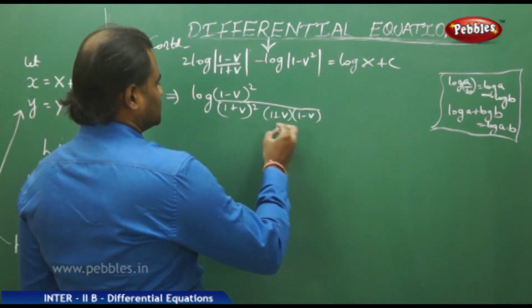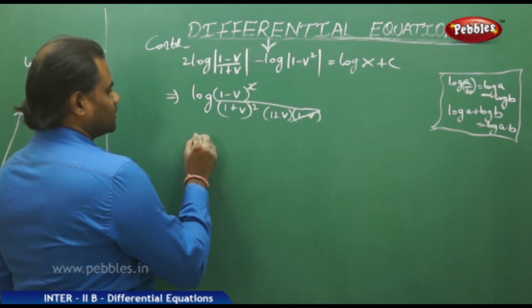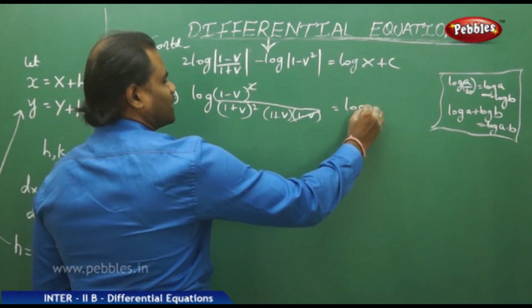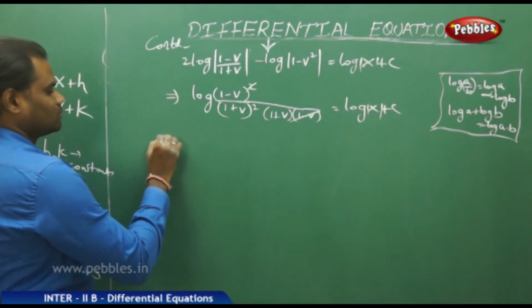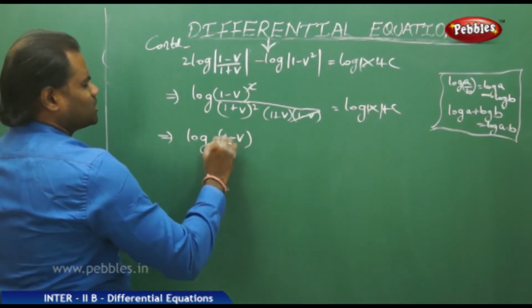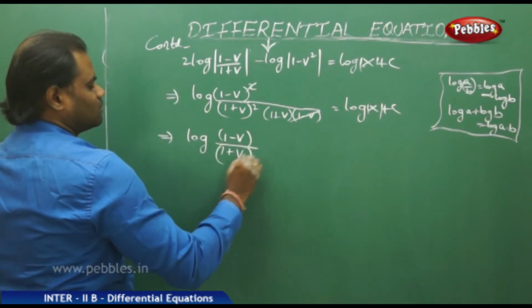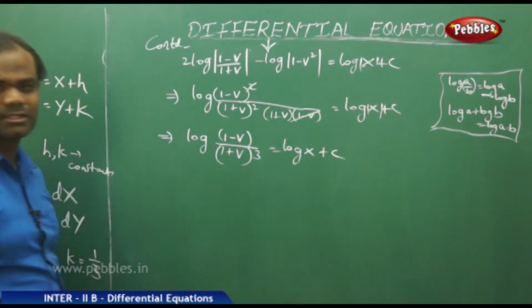And this on simplification gets cancelled, and we get this as log x plus c. Then this is log (1 minus v) by (1 plus v) whole cube is log x plus c.